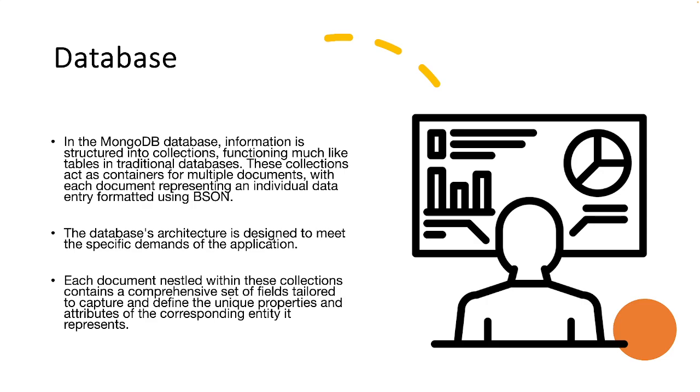These collections act as containers for multiple documents, with each document representing an individual data entry formatted using BSON. The database's architecture is designed to meet the specific demands of the application, with each document nestled within these collections containing a comprehensive set of fields tailored to capture and define the unique properties and attributes of the corresponding entity it represents.